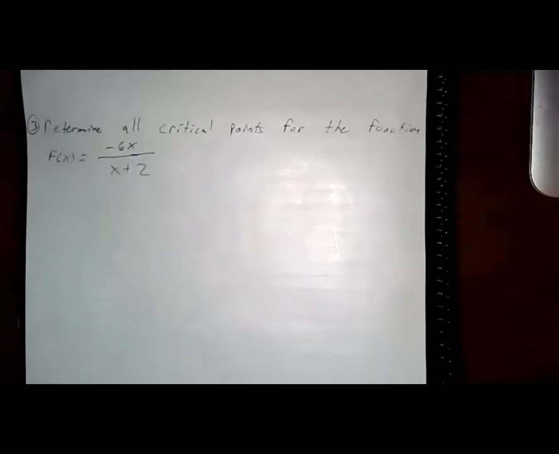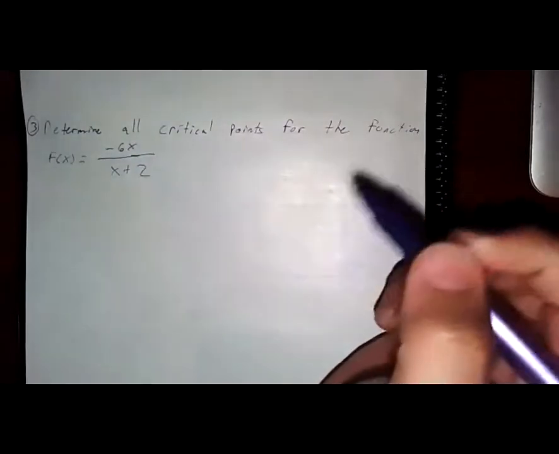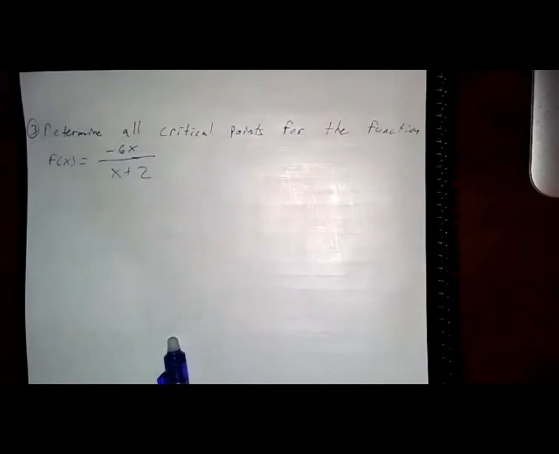There we go. I don't know why I wrote that so ugly, but whatever. So we have to do quotient rule, right? I forget where the minus goes every single time.